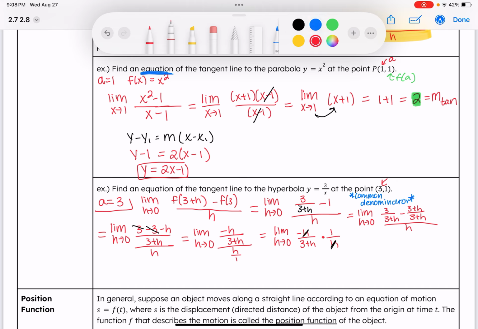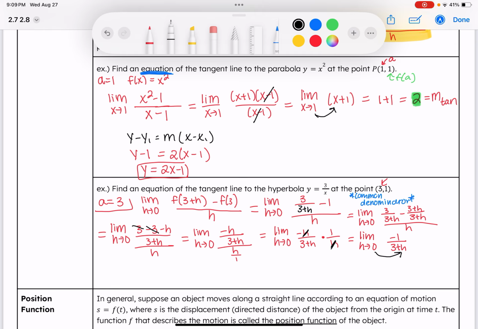You are left with the limit as h approaches 0 for negative 1 over 3 plus h. And now if I go to evaluate my rational function at 0, I do not have to worry about 0 being in my denominator.